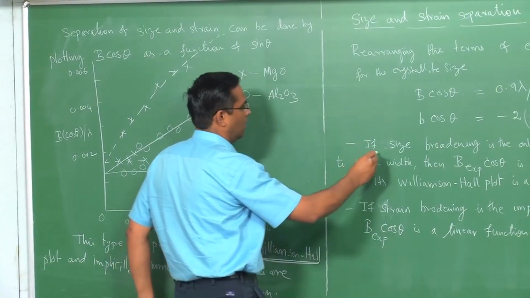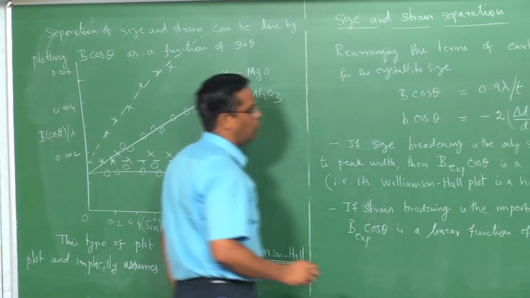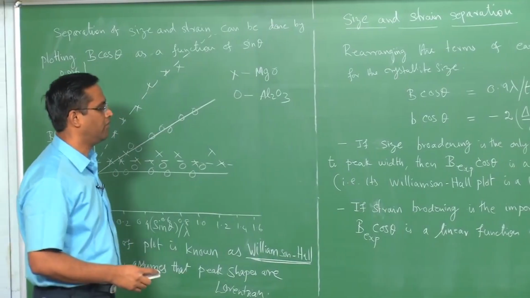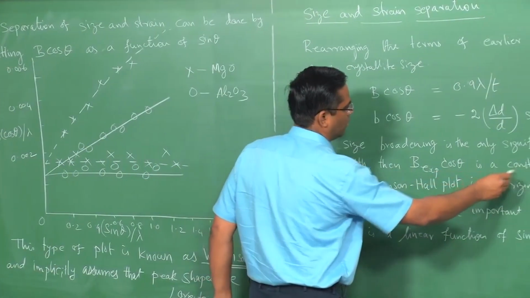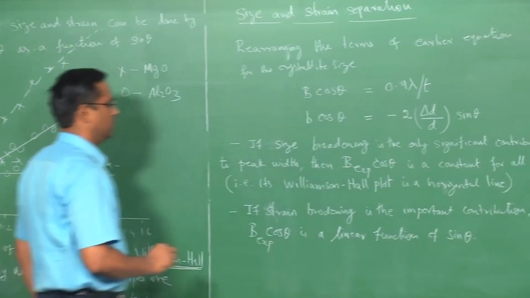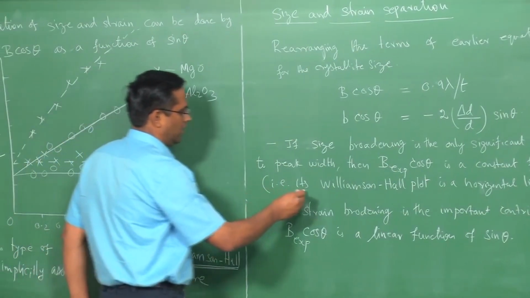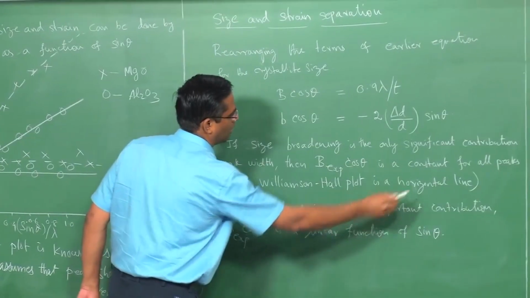If the size broadening is the only significant contribution to the peak width, then b cos theta is a constant for all peaks. That means its Williamson-Hall plot is a horizontal line.